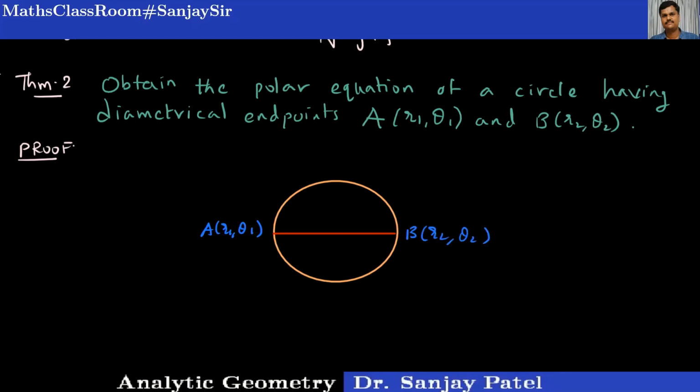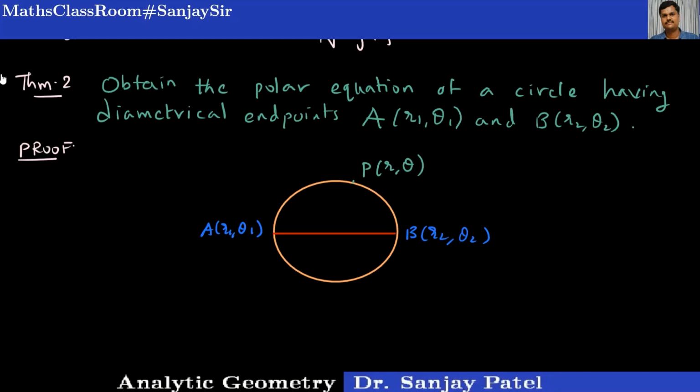And as I told you, whenever you want to obtain the equation of any object, we always take a variable point on this object. So I can take any point P here. See, there are various proofs. Okay, let us take P (r, theta) to be any point on this circle. What I am going to do here is, instead of using some other mathematical concept, let us make use of the equation available for the Cartesian coordinates.